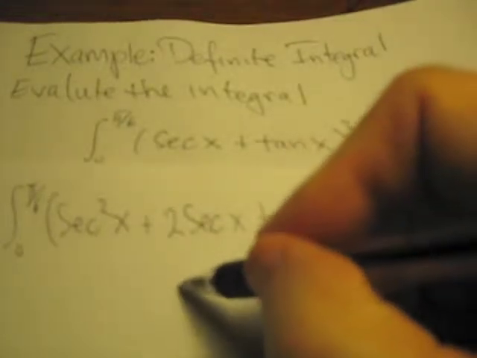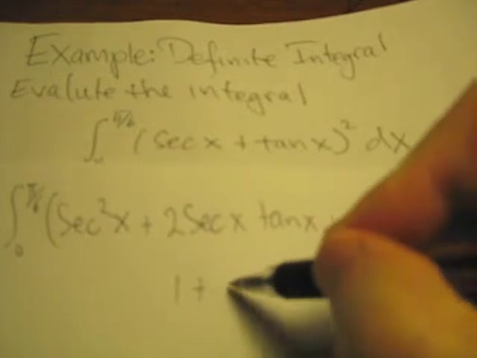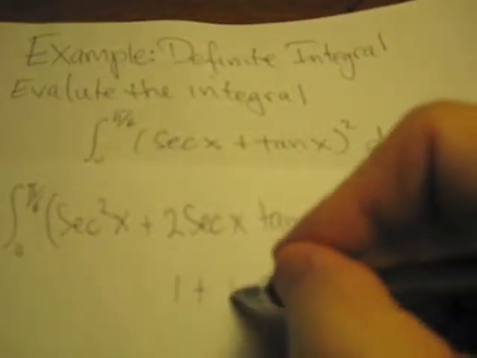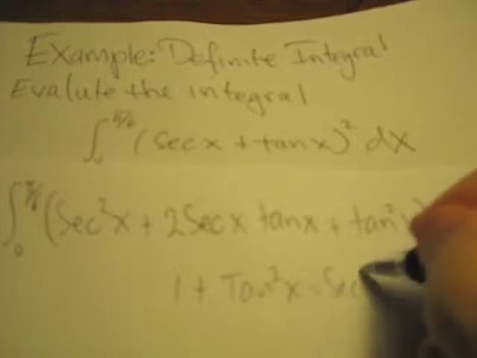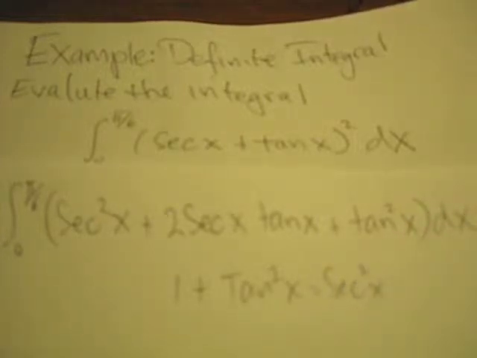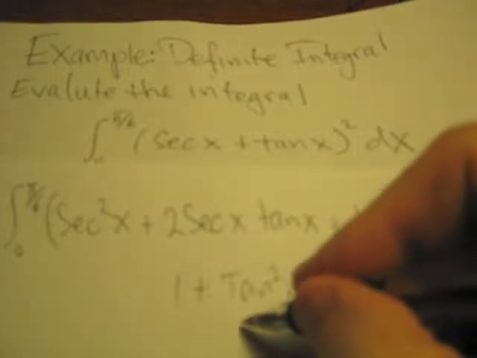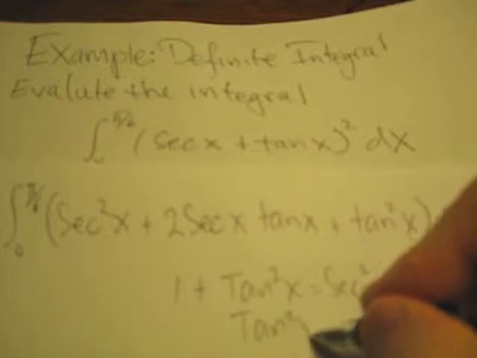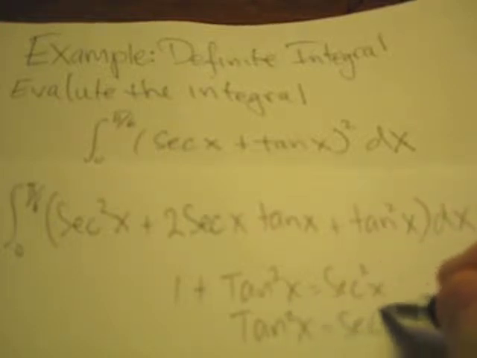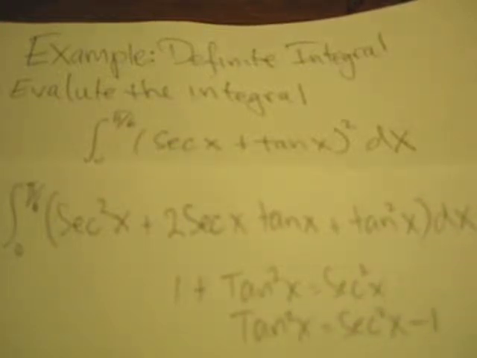However, we do know that 1 plus tan squared x is equal to sec squared x. This is one of our trigonometric identities, so we can replace tan squared x with sec squared x minus 1.